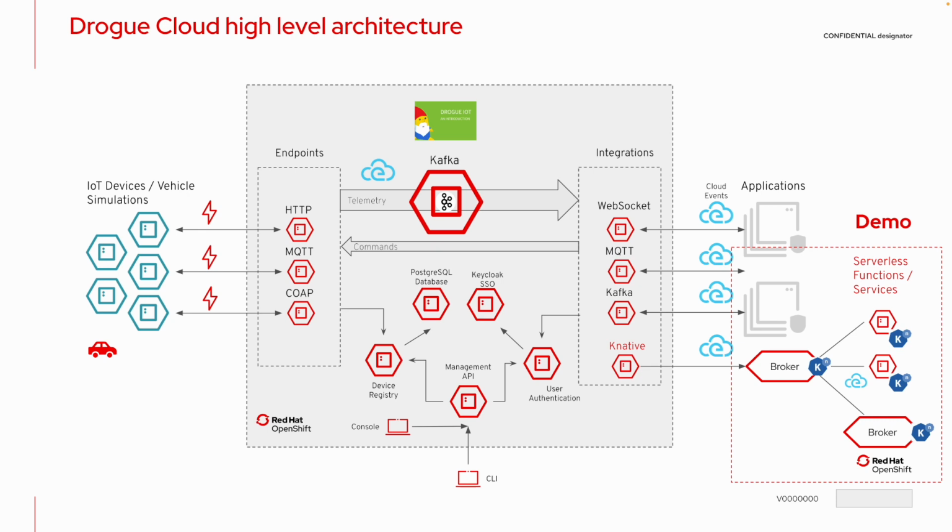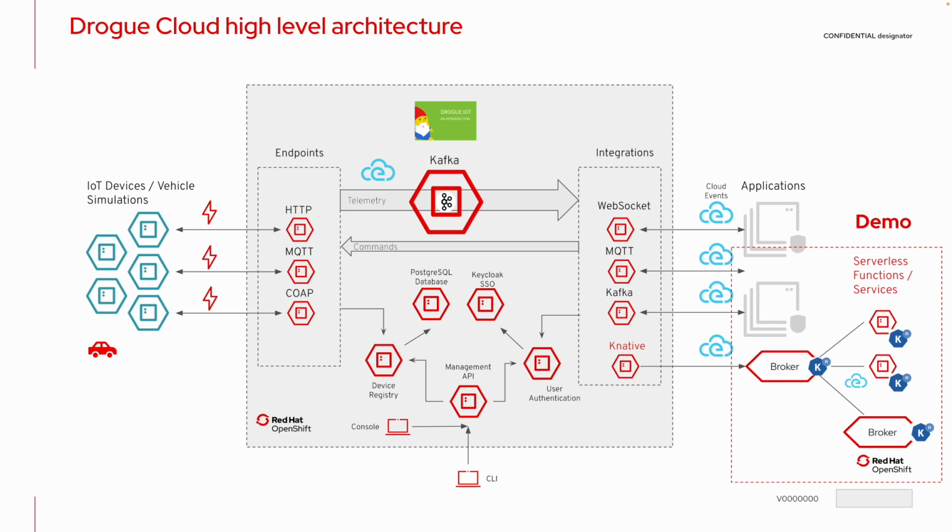We have endpoints, which are the device-facing protocols and protocol adapters. You see there is MQTT, there's CoAP, so some IoT-specific protocols. And all the data coming in, for example over MQTT, will be transformed into a cloud event and stored in Kafka.